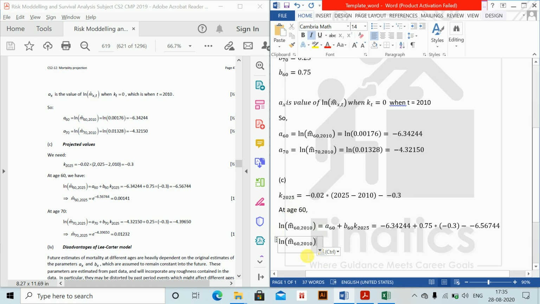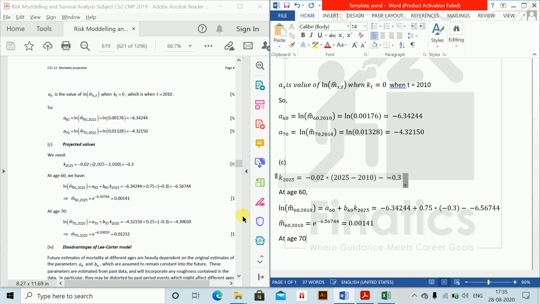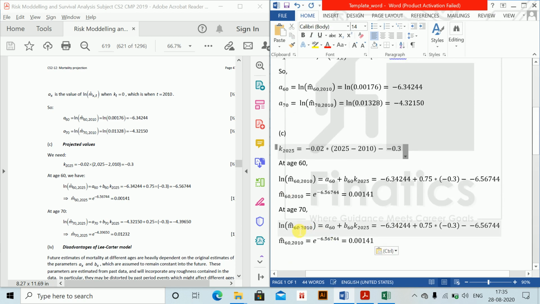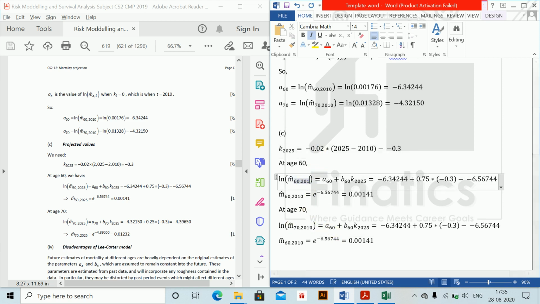is e to the power of minus 6.56744, which is equal to 0.00141. Similarly for age 70, I'll copy these two lines and make the necessary changes. This is 70, this is 2025.